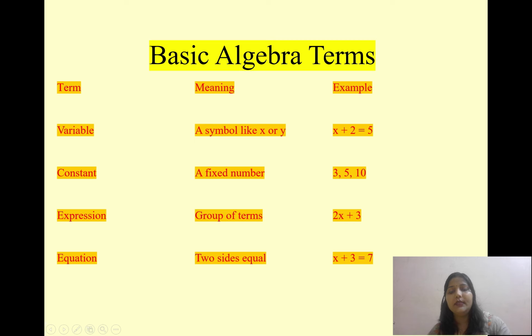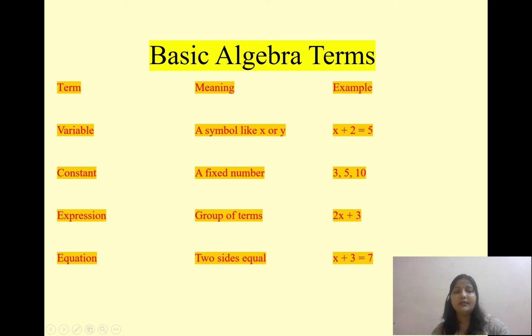Here we know if we add 2, we get 5. It means both sides are equal, so the equation is balanced. If you need to find the value of x, you can easily tell me. Here x is called the variable. Is it clear for you?